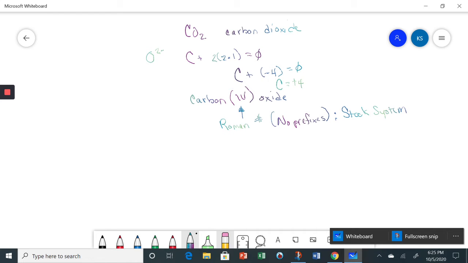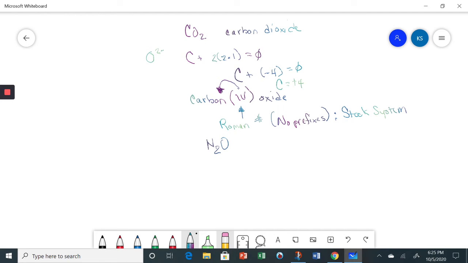The hard part is determining this Roman numeral, and the Roman numeral refers to the charge on the element named before the Roman numeral. Right, so if I did this, N2O4, first I'd have to say, okay, what's the charge on nitrogen? Well, you do the same kind of thing.